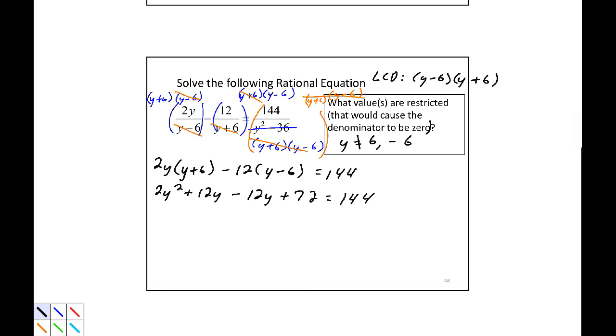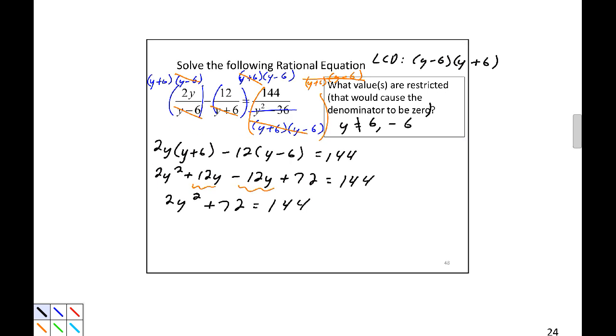Now we can rearrange and combine like terms to get 2y squared plus 72 equals 144.